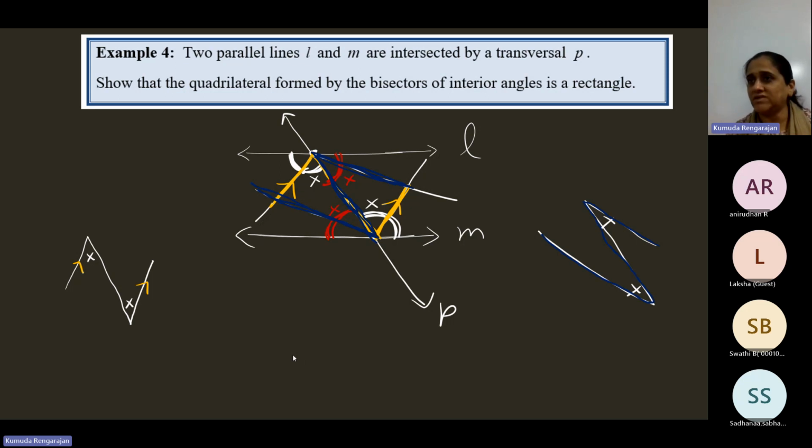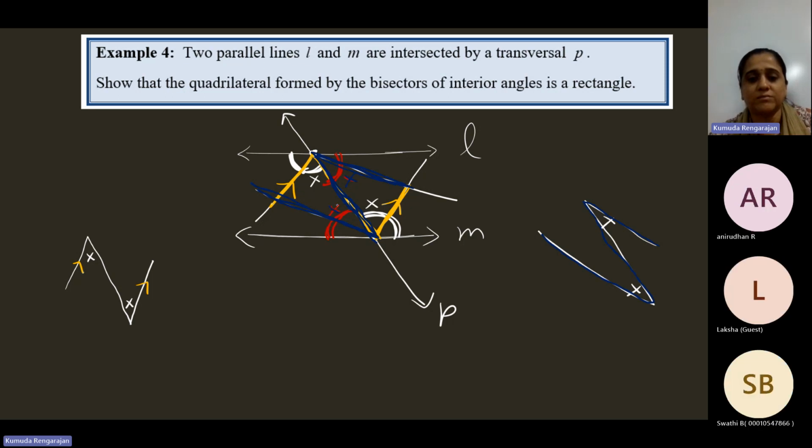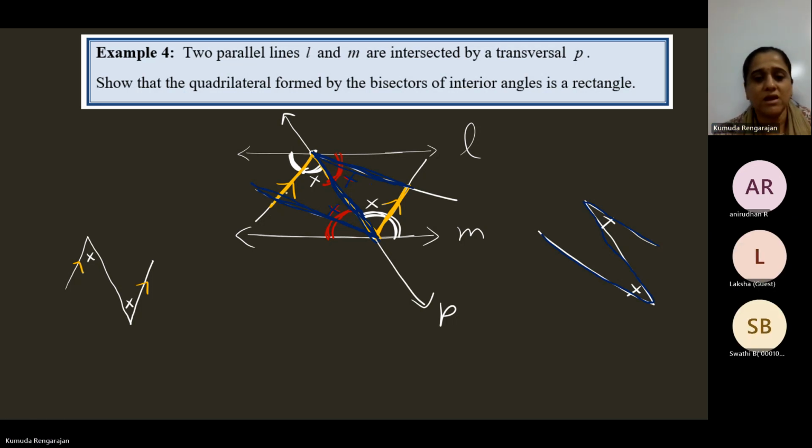So half of these angles are also equal. So one half of this one, the other half is this one. But if you look at these two angles, they're alternate angles made by this transversal with these two lines. So that means now these two lines are parallel to one another.